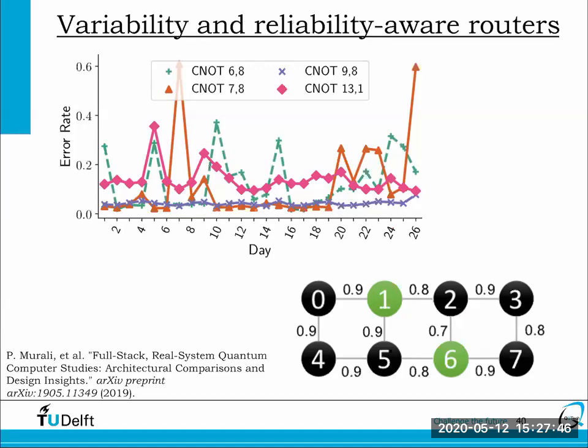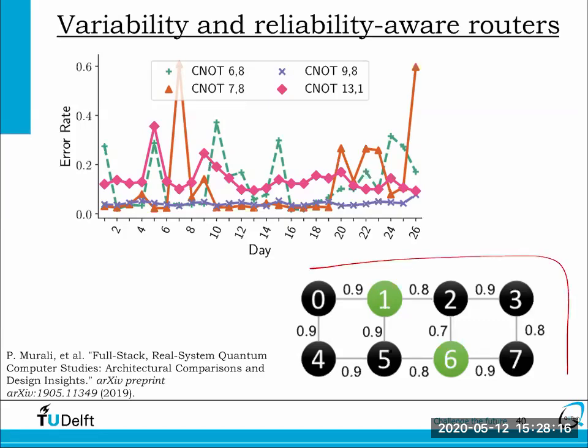Because something that I didn't mention, that you can observe in IBM chips, is that performing a CNOT, for example, in this case between Q0 and Q1, has a higher fidelity than performing a CNOT between Q1 and Q2. So in this work, what they did is observe the fidelity of these links over 26 days, because these fidelities also change among the days, calculate the average, and come up with this kind of layout.